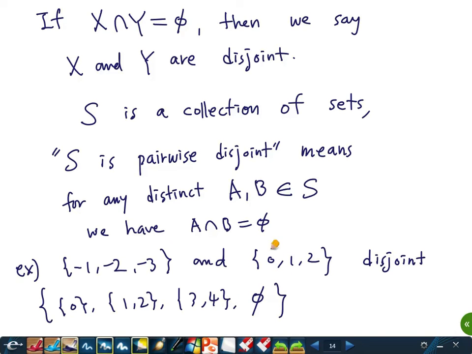It's a set of sets, basically, a collection of sets. Is this pairwise disjoint? Yes, because just consider any two sets. Maybe this one and this one, they are disjoint. Any two, they are disjoint. So pairwise disjoint means if you take any pair, they are disjoint.